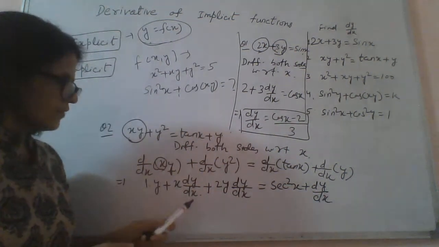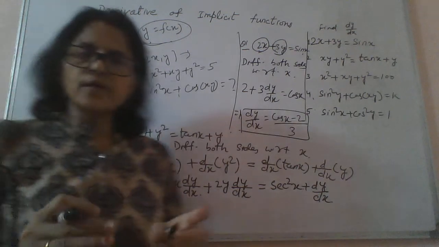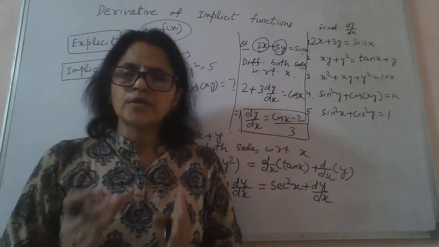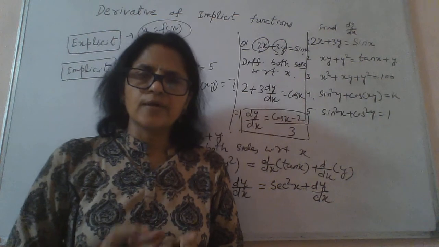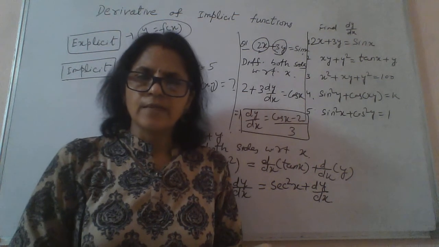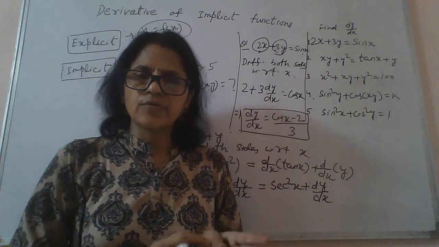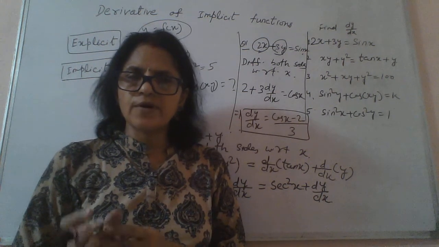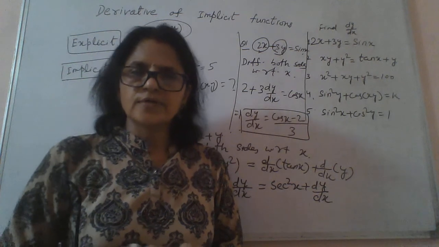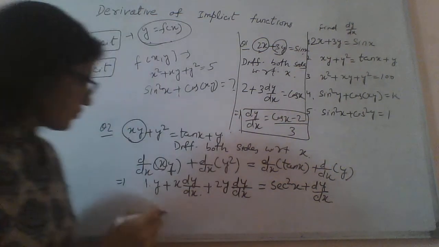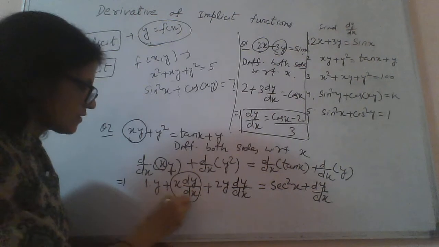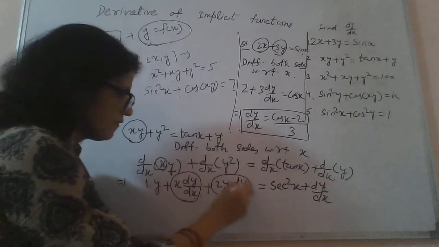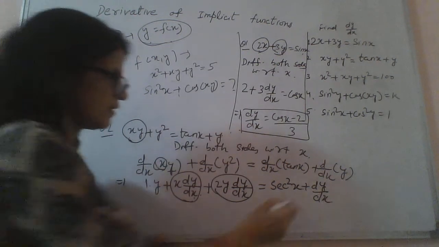Okay, so what we need to do here, we will keep all the terms containing dy by dx on one side and the terms without dy by dx on the other side. Then it will be easier for us to solve for dy by dx. So here we have dy by dx, x into dy by dx, 2y into dy by dx.